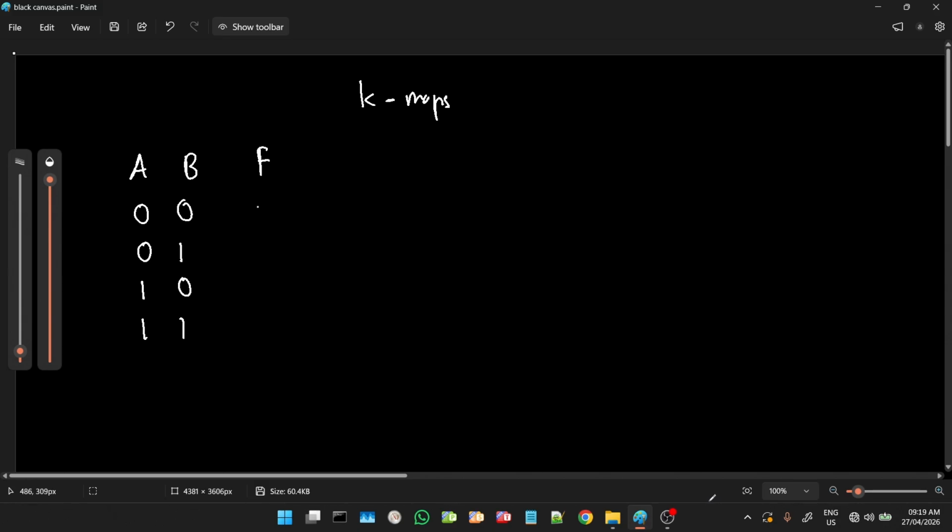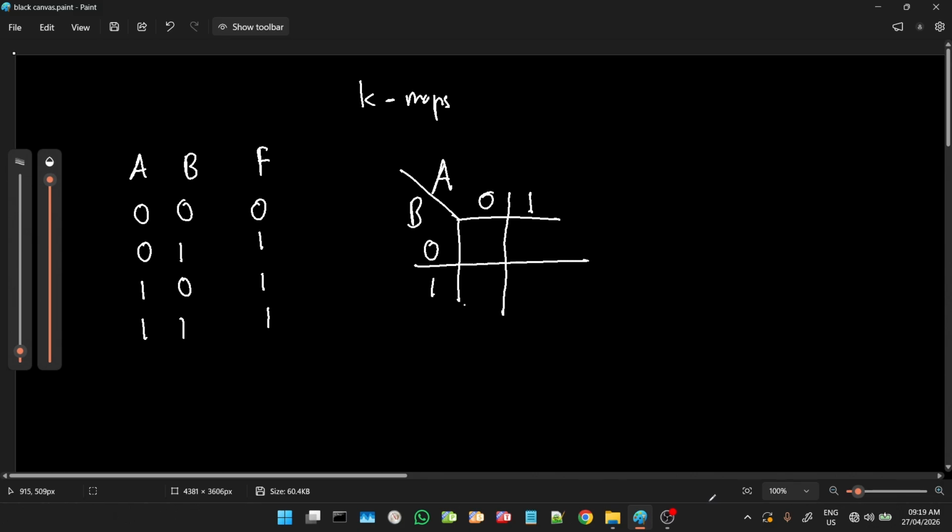You can take an F out, and this is an OR gate's truth table, right? So what we can do is we can draw a K-map for this truth table. So when it's a 0 and a 0, it's a 0. When it's 1, 0, 1, 0, 1, 1, 1.